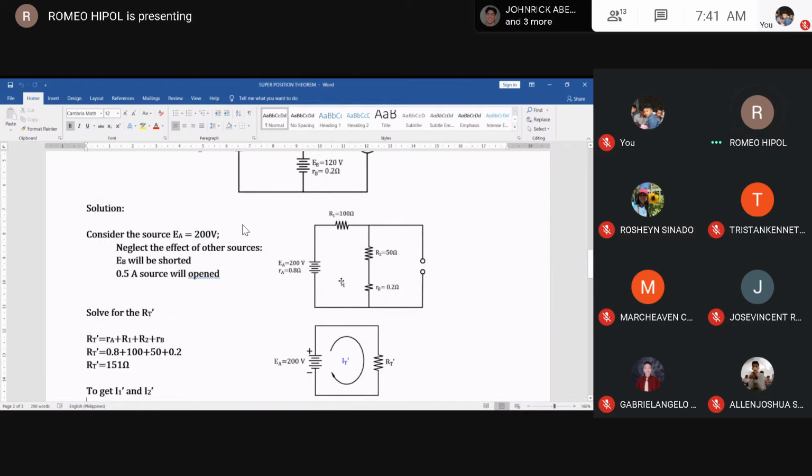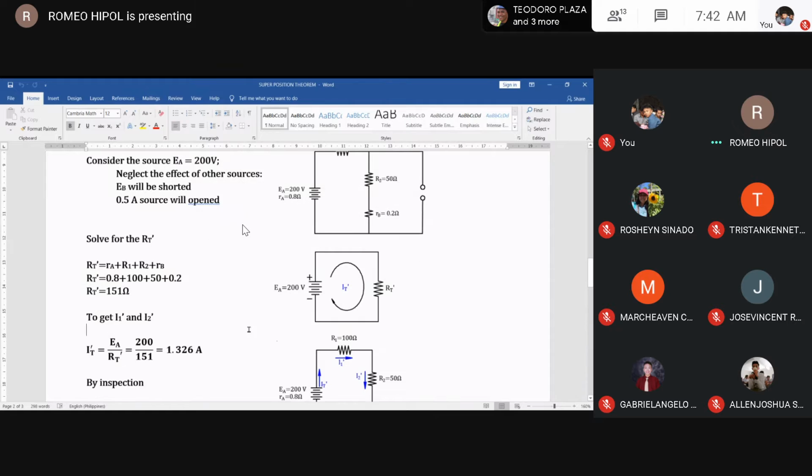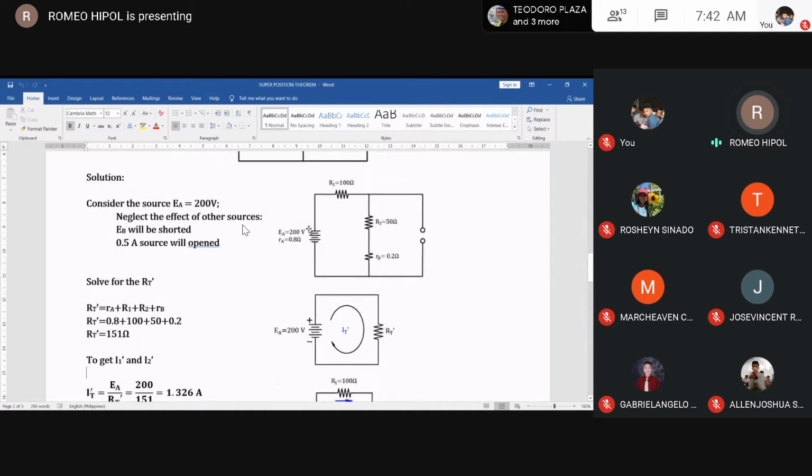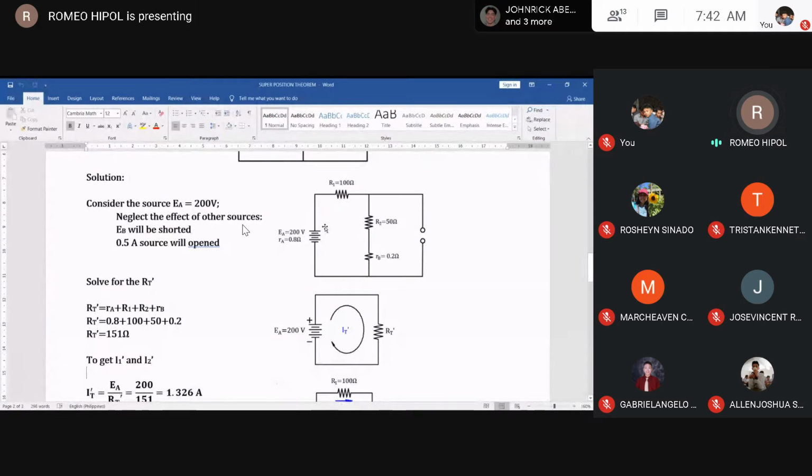Then, take note, we have to show the current direction on each resistor. So, based from the polarity of the battery, by following the conventional current flow, ito yung ating current direction.